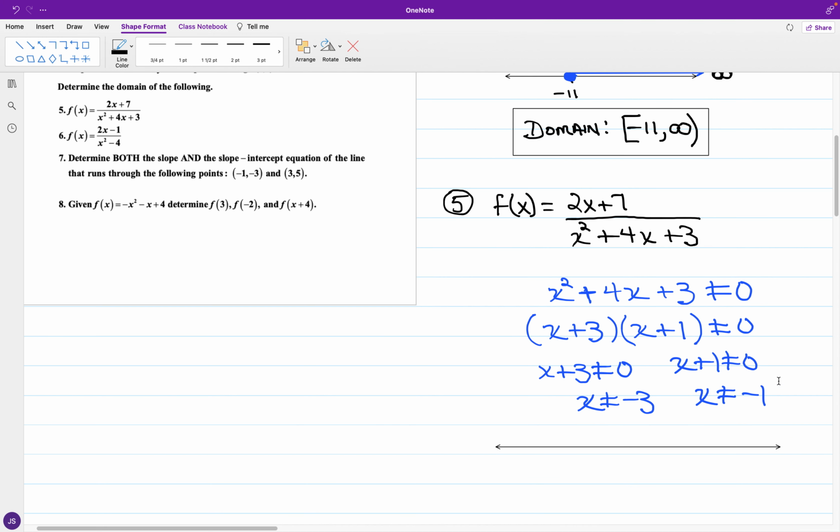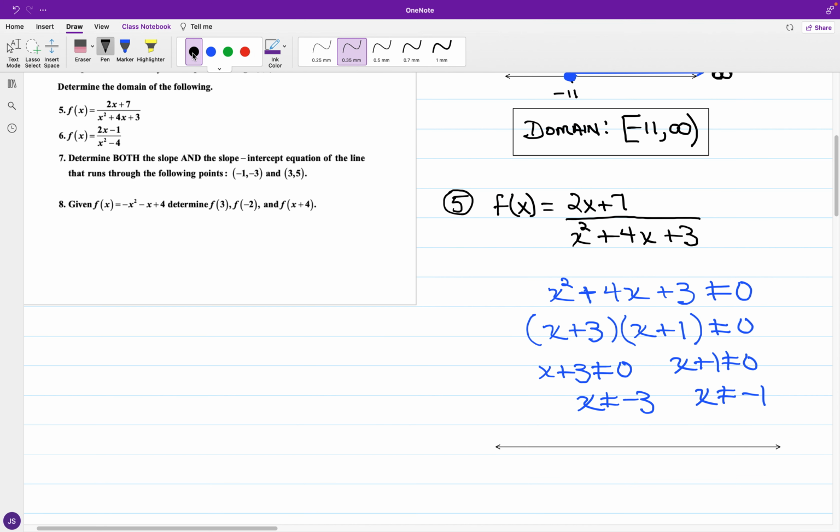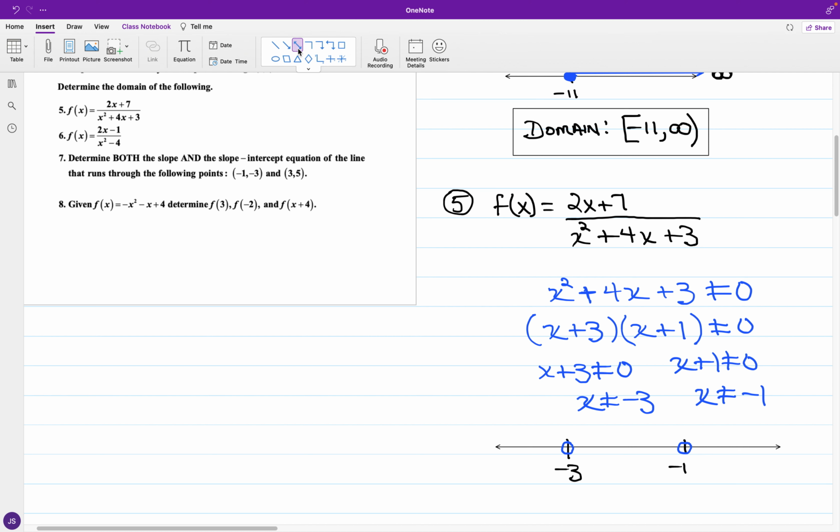So in looking at what we have here, we've got the excluded values negative 3 and negative 1. In graphing terms, we can symbolize the exclusions with open circles.